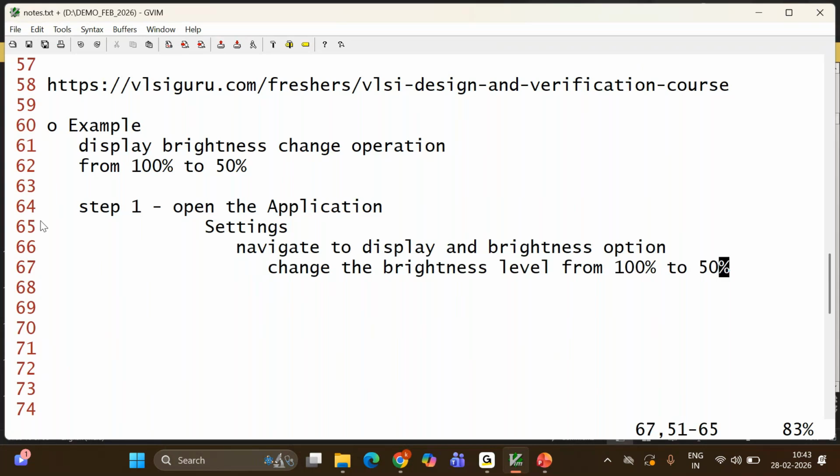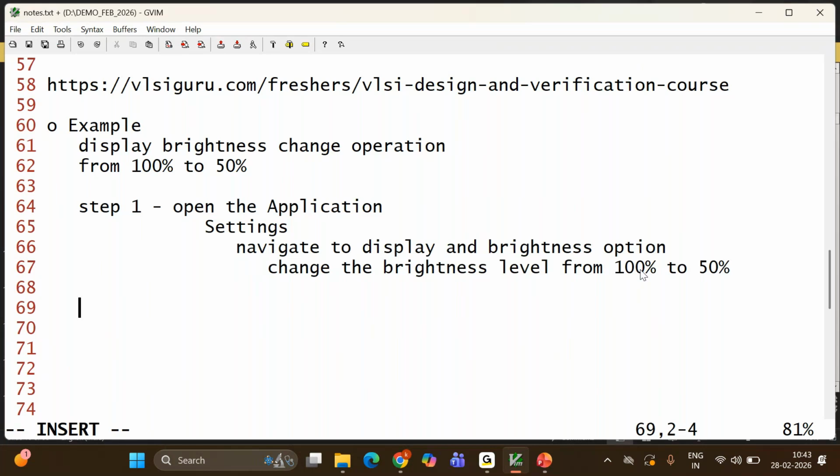Yes or no? Now this operation, this command, what is the command? Changing the brightness level from 100 to 50%. This command will be communicated to the OS, your device OS. For example, on a mobile phone, Android OS or iOS; on a laptop, either Linux, Windows or Chrome OS.